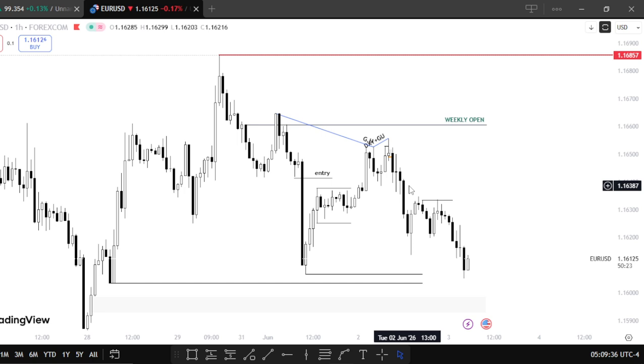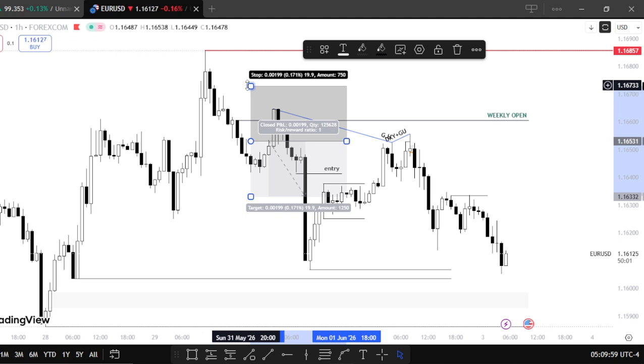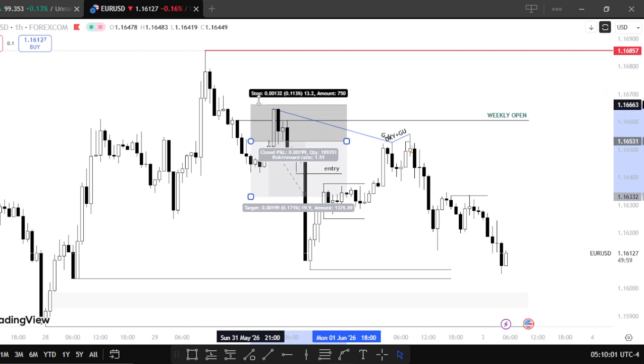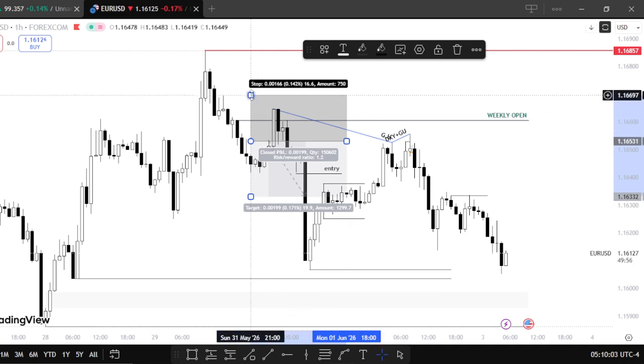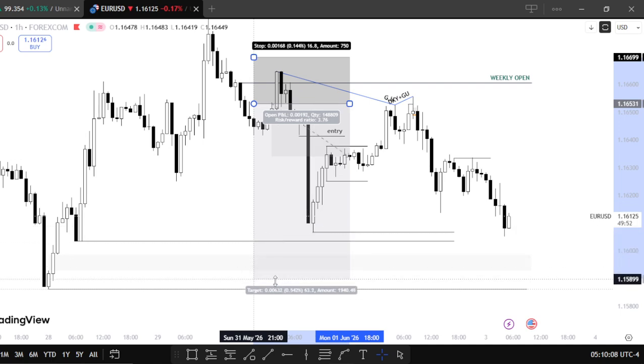I was talking about how we can run this high and reverse just from here, to confirm this as a change in state of delivery and reverse. And I took a trade right here, but I was too silly, I should have put my stop here and targeted this.